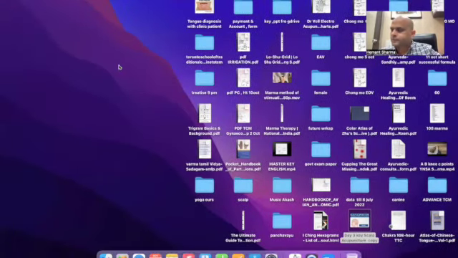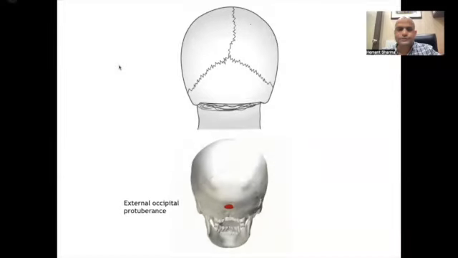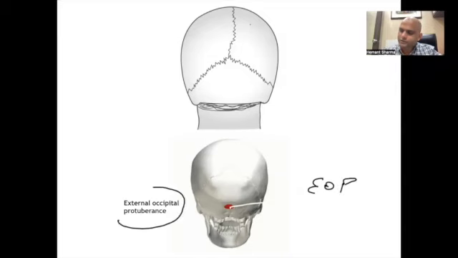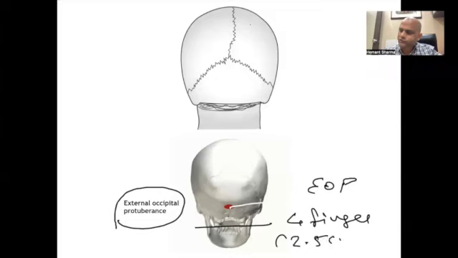Now I will show you in the image. Kindly everyone palpate and look at this image. So I am talking about this part that is called EOP, the external occipital protuberance. From the hairline, if you are keeping four fingers, in the chun measurement it is 2.5 chun up from the hairline.